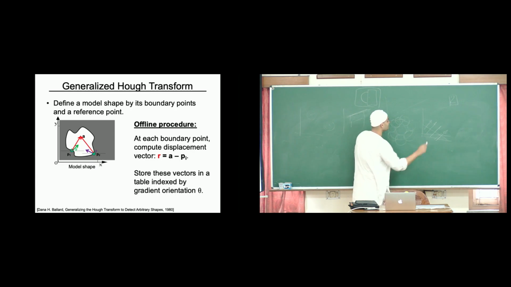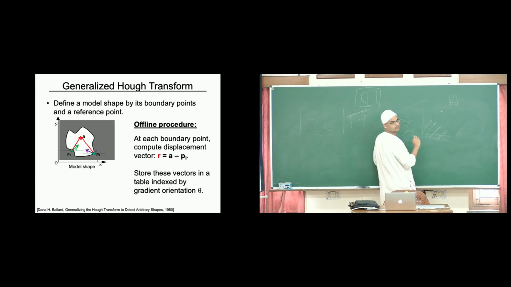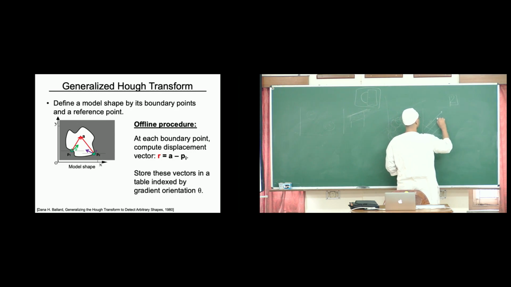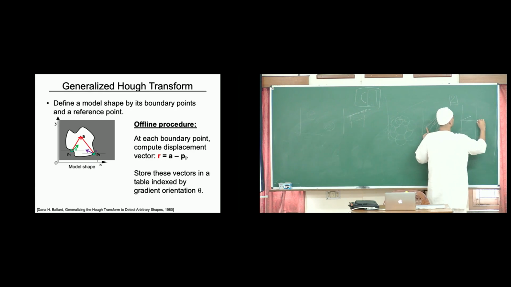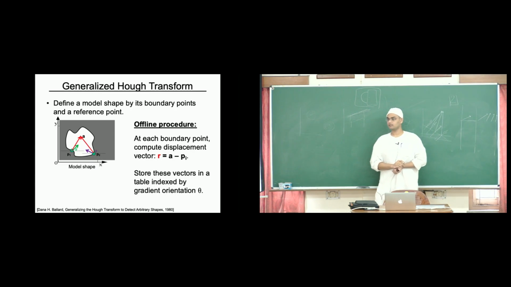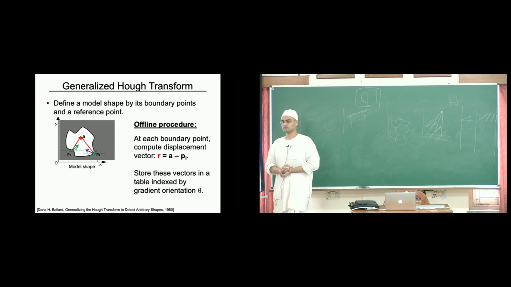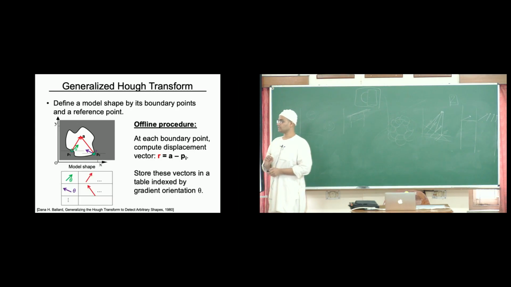But I may have a reference point here. For the same gradient, these are the vectors I am going to store. So I am creating a table from there. This is the information I am storing. For this gradient direction, I have these 4 vectors. Clear?